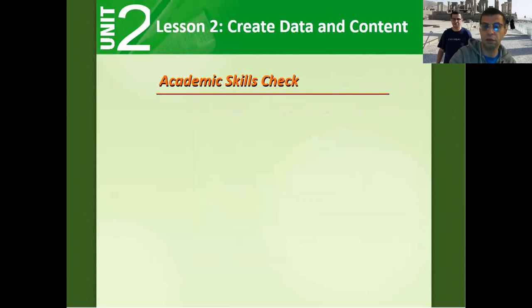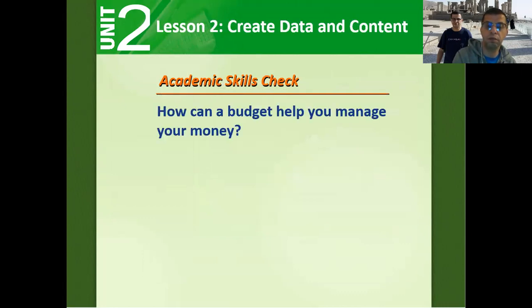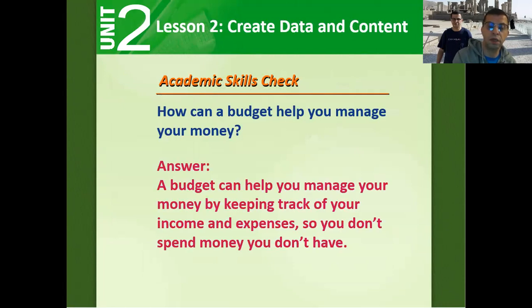Academic skills check. How can a budget help you manage your money? A budget can help you manage your money by keeping track of your income and expenses, so you don't spend money you don't have. But also whenever you're trying to do a business plan or you are planning to increase an expenditure, you use the same thing.